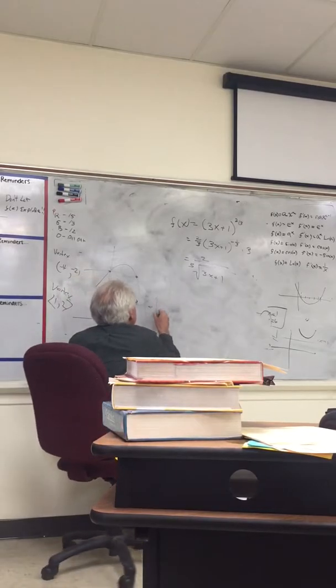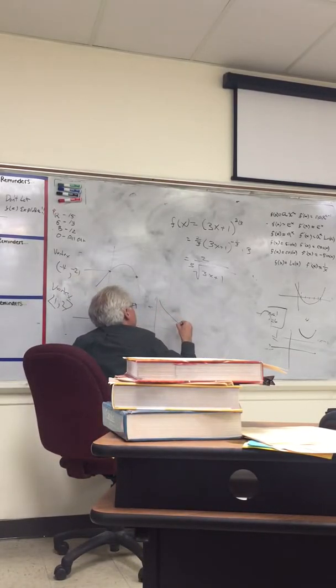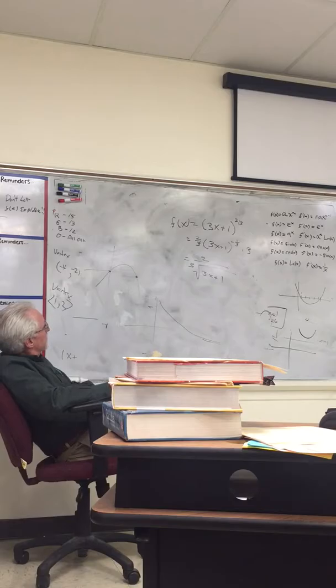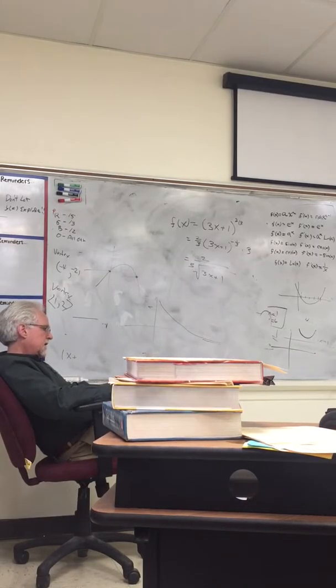So you have something that would look like that. It never gets to 0, so you never have a minimum. Does that make sense? The slope is never going to go to 0, so you don't have a minimum.